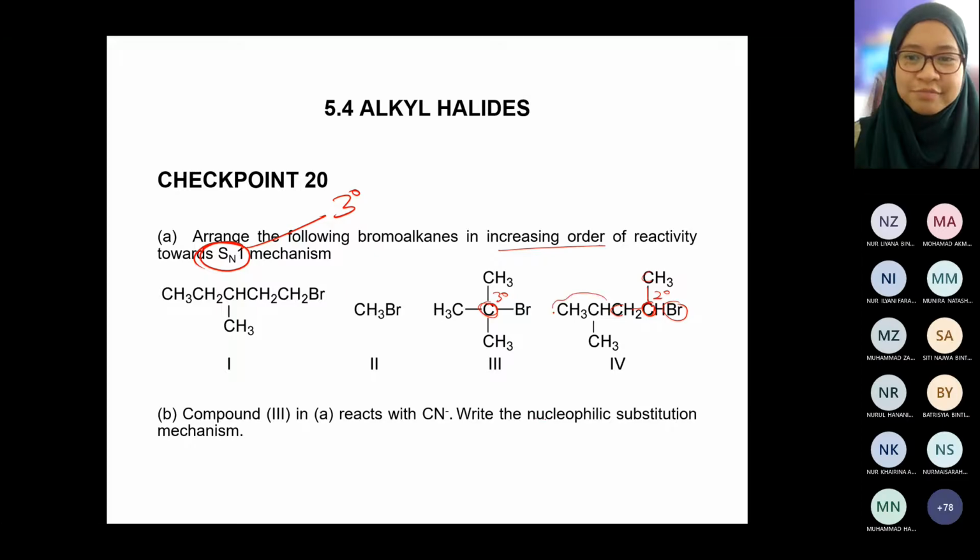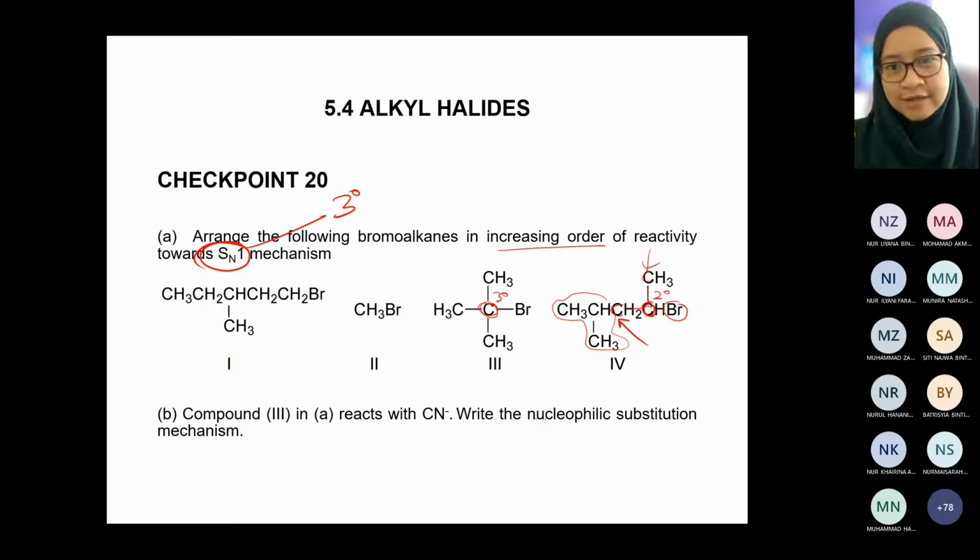Don't be influenced by the bulky structure at the back. We want to identify the degree of the carbon, the classification of the alkyl halide. So we refer to the carbon that is directly attached to the halogen. This carbon is only attached to this carbon and also this one. The rest are just extras.